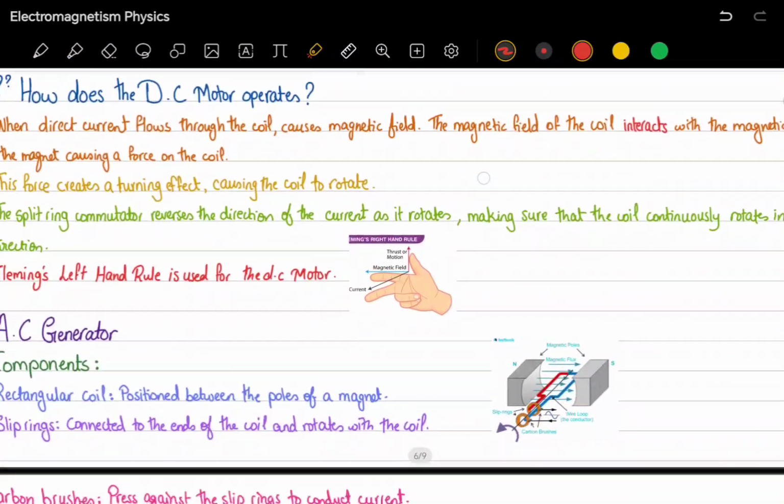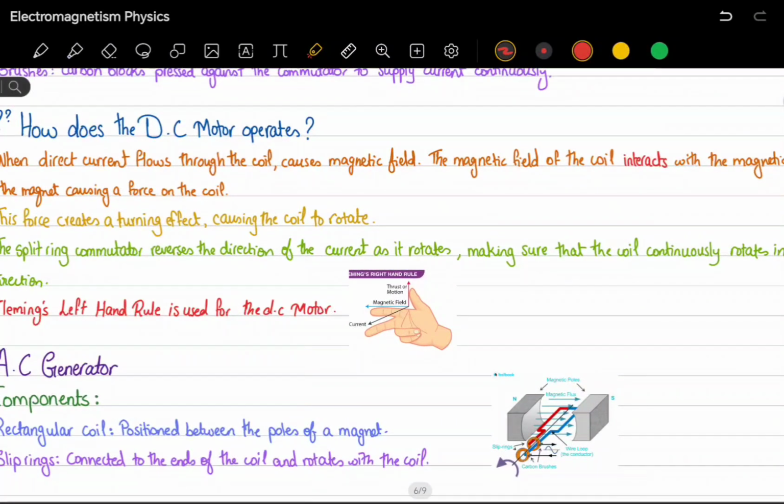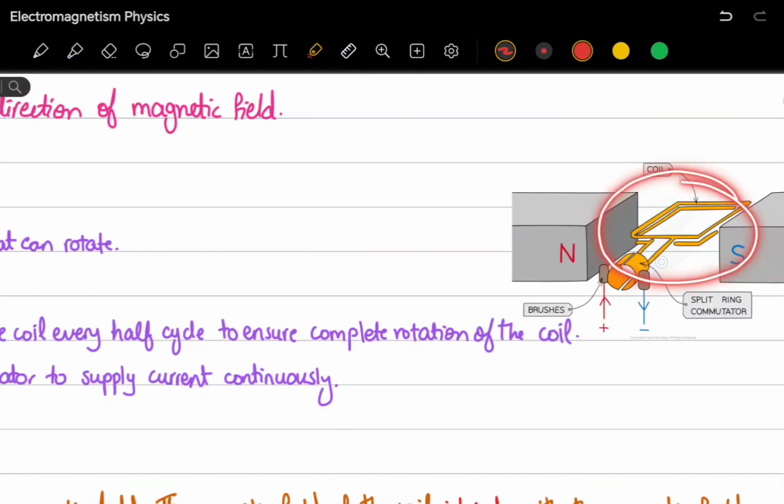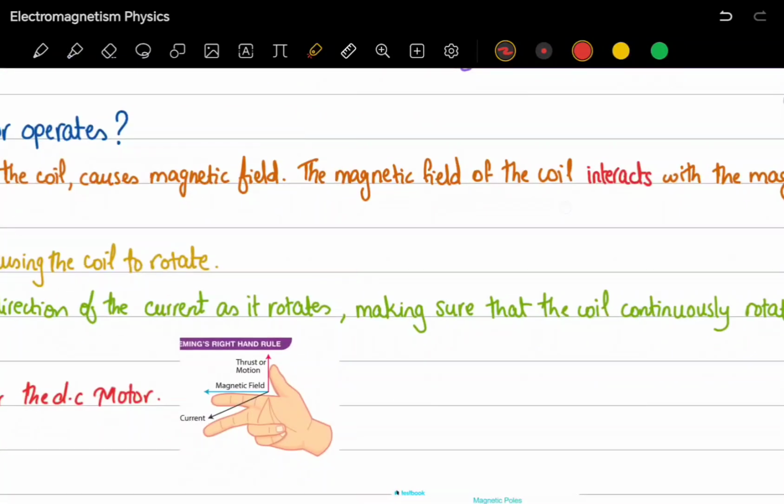How does the DC motor operate? When direct current flows through the coil, this will cause a magnetic field. As current flows through this rectangular coil, the coil has its own magnetic field. And this magnetic field of the coil will interact with the magnetic field of the magnet. Therefore, this will cause a force.